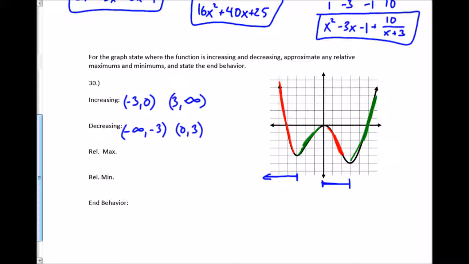And I just put union symbols in between here to say it's increasing on each of those intervals and it's decreasing on each of those intervals. And I'm using interval notation. For relative maximum minimum, I'm just identifying these as ordered pairs. So I've got a relative maximum right here at 0, 0. I've got a relative minimum right here at negative 3, negative 4.